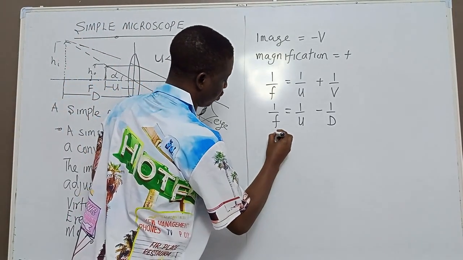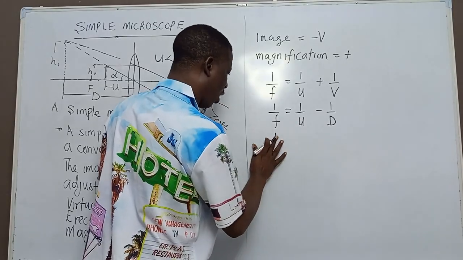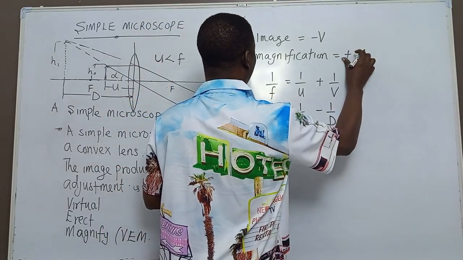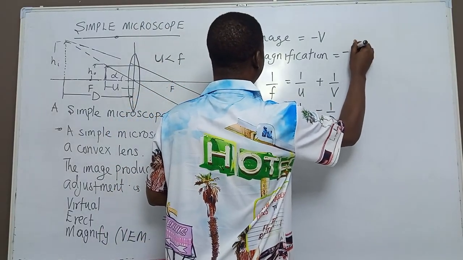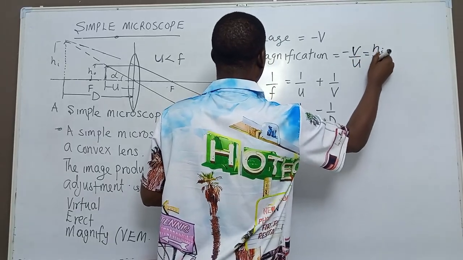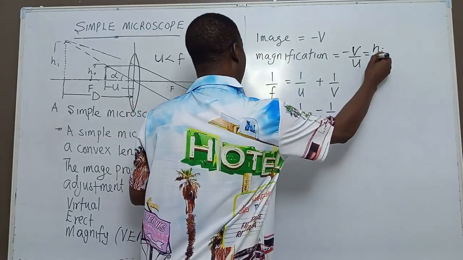So we are going to have 1 over f. Let us multiply all through by D, knowing that magnification is equal to minus v over u, or image height over object height. That is the magnification formula.